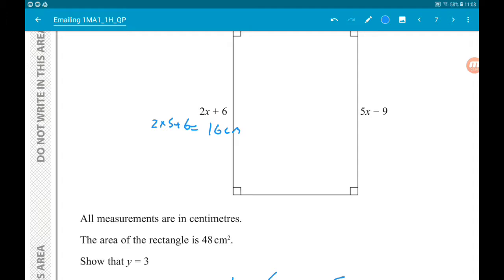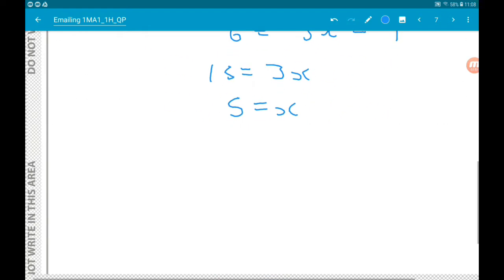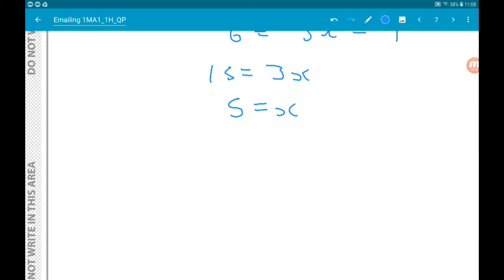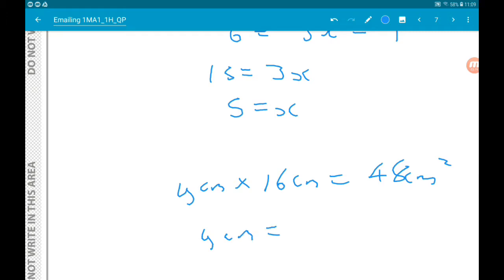So we now know that y centimetres times 16 centimetres is 48 centimetres squared. Divide by 16 centimetres and we get y is 3. Cool.